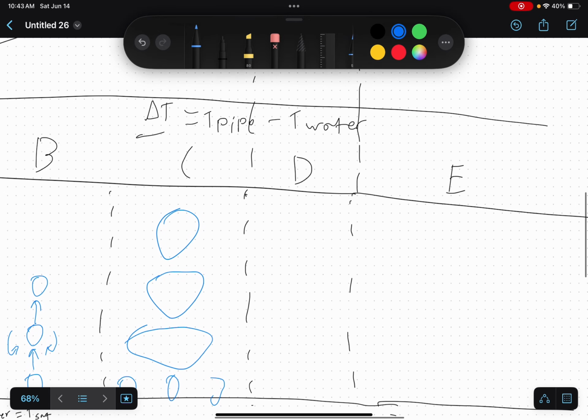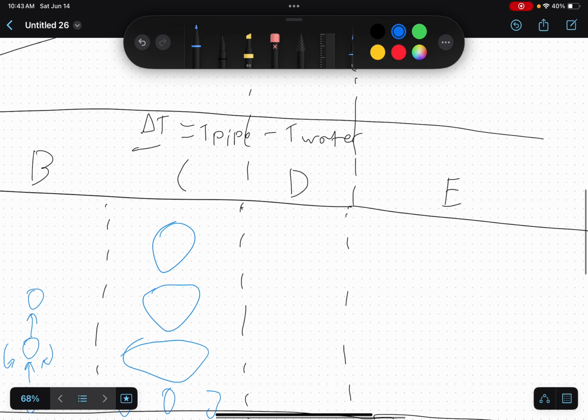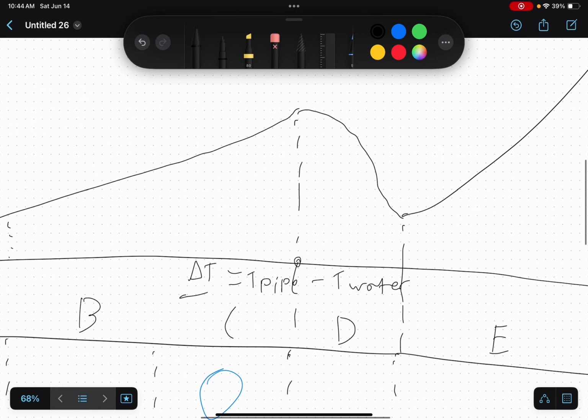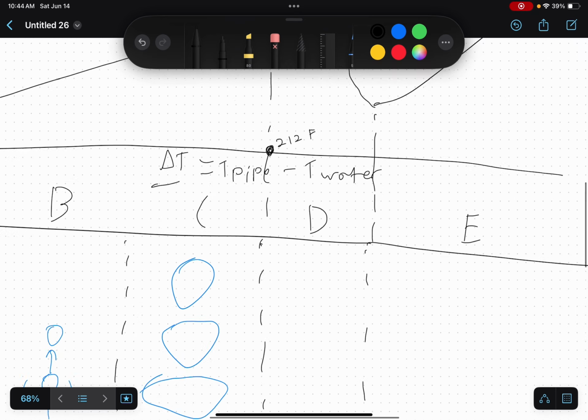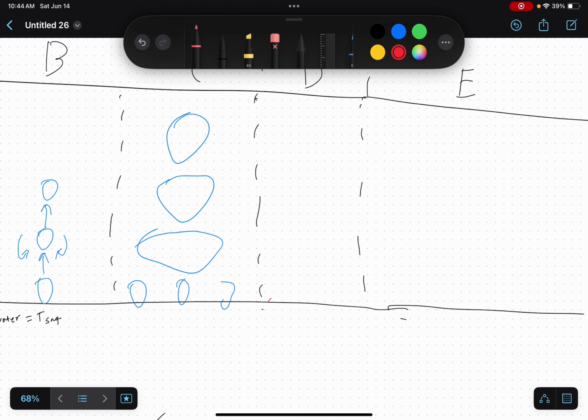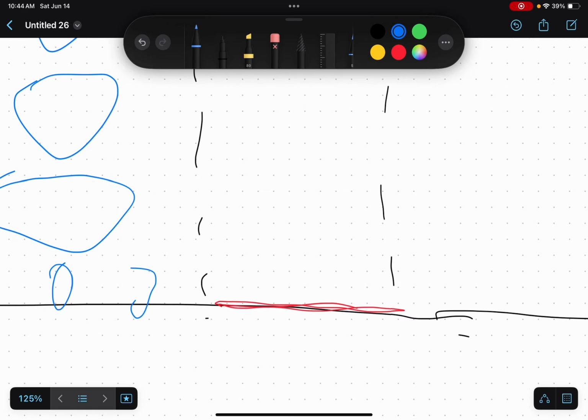Region D. Now we start to get interesting. I think it starts at 212 Fahrenheit. Maybe not exactly there, but the idea is if this surface is at the boiling point of the water, we can't have water touching it.